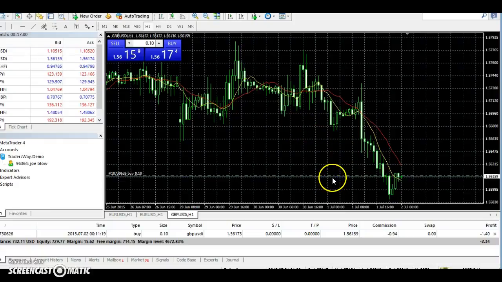Because here's what happens. Let's say you took that profit and you have that buy. So now the balance increases, but what is important is this equity, because when this gets to 50%, the broker starts closing out your trades because they're not going to lose their money. So let's say the market keeps going down and you have this buy and the market just keeps going down, down, down.